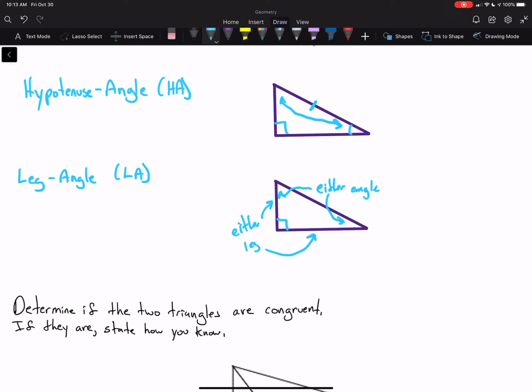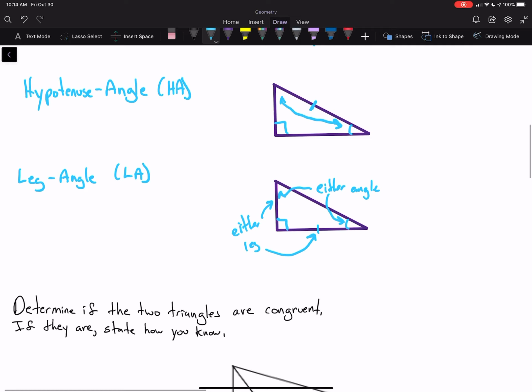So if the same ones are marked in the two triangles, then we have it. And the reason all of these work is because we already have one angle marked, right? Because the right angle is congruent to the other right angle. So in this case, you would have angle, side, angle. Look at that, that's familiar, right? In here, we just call it leg angle because it's a little bit separate, but it's really pretty similar to what we've been doing prior to this.